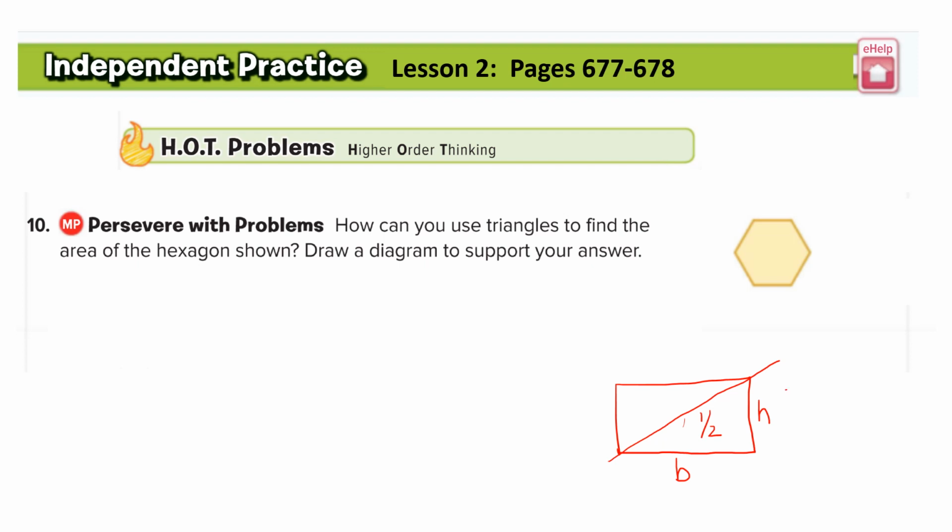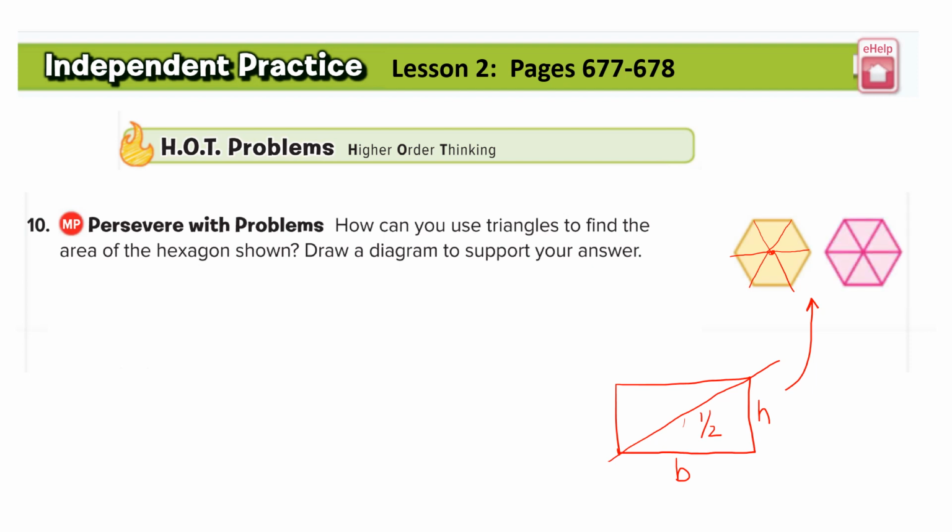So how might we divide this into triangles? Think about that. Well, I'm going to give you a little tip here. It starts right here. If I put a dot right here, what might I be able to do? Think of a pizza pie. We can divide this up into triangles.